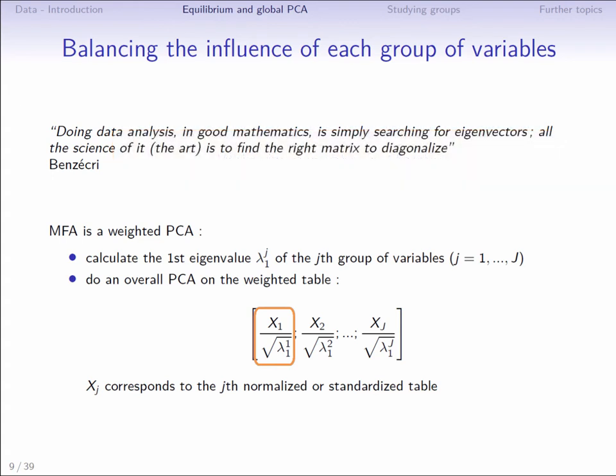In the notation used here, Xj corresponds to the centered or centered and standardized table J, depending on whether the variables of the group J are normalized or not. Lastly, we just have to do a PCA of the table which juxtaposes the weighted variables of all the tables.